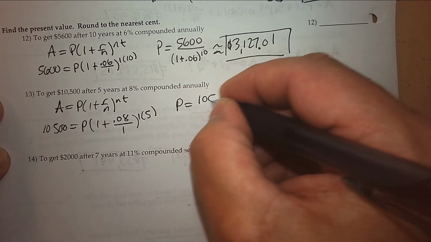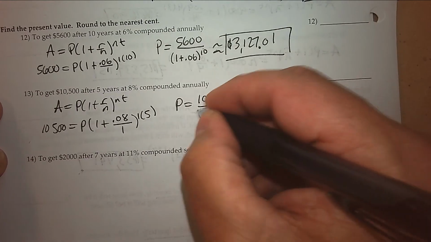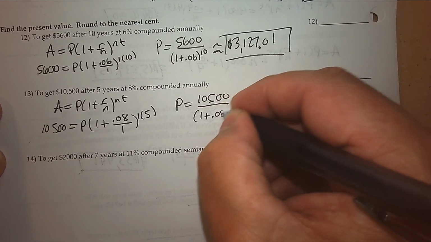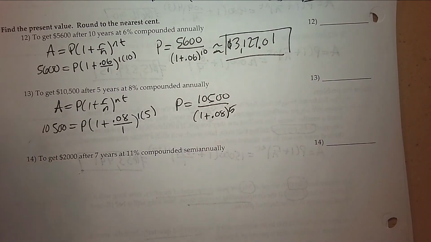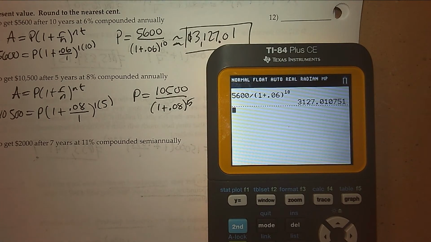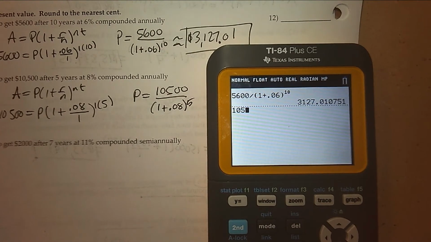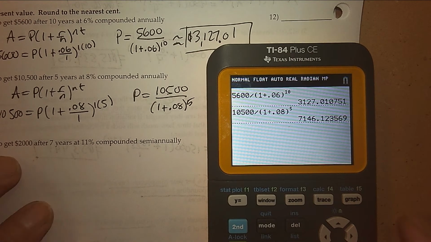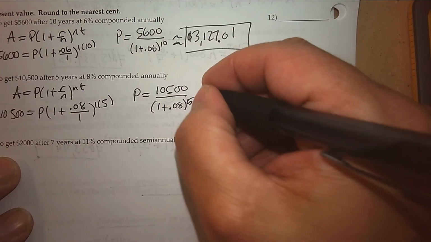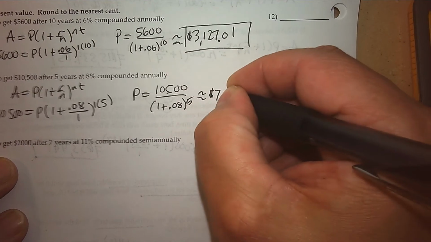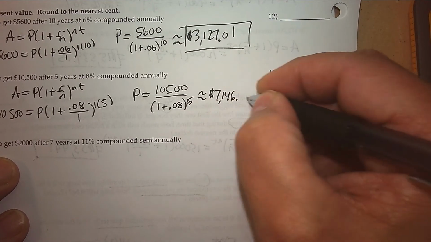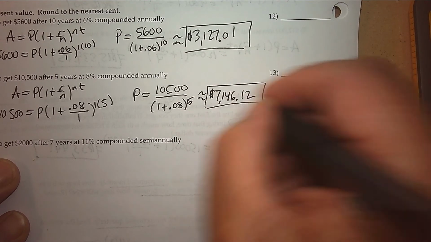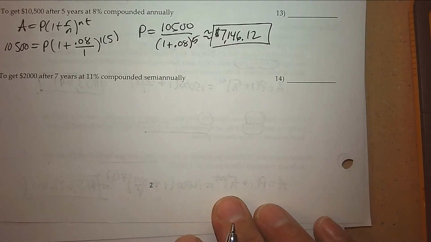So I have 10,500 divided by, and I'm going to use parentheses when I do this, and then use your calculator. So I get the original amount in the account to be $7,146.12.